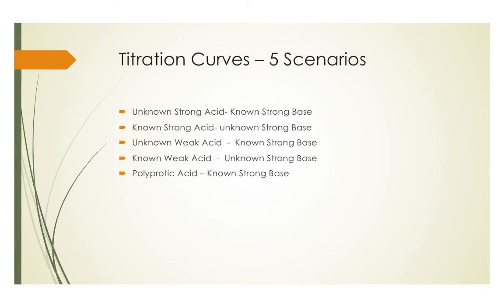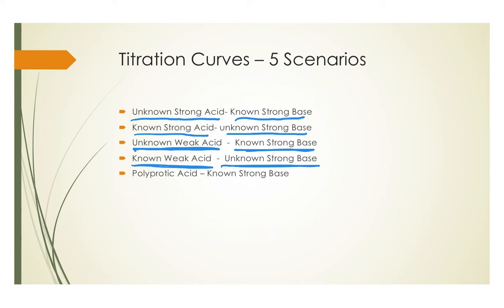So when we look at a titration curve, we have 5 scenarios. Let's say we have an unknown strong acid, and we titrate it with a known strong base, or the opposite of that, a known strong acid with an unknown strong base. The next two situations are what happens if we have weak: an unknown weak acid with a known strong base, or a known weak acid and an unknown strong base.